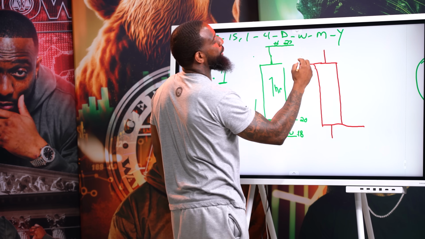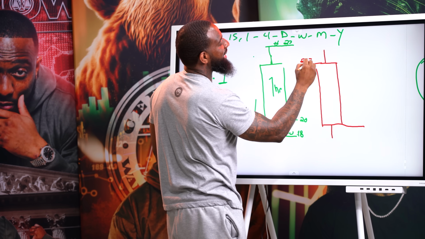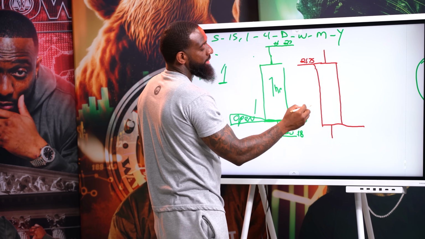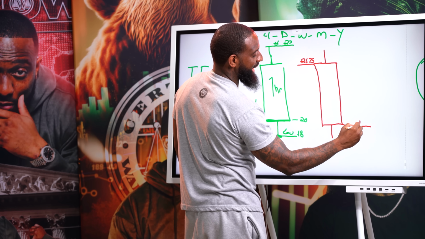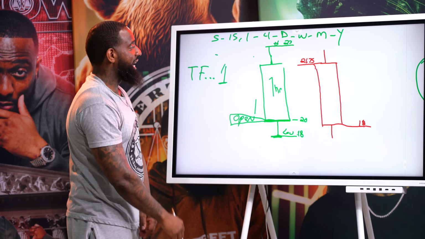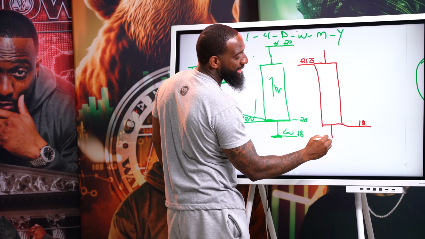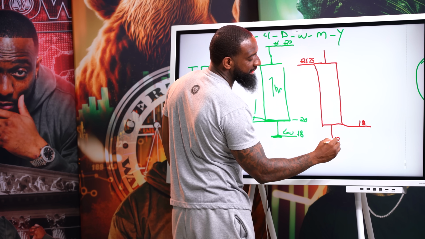So let's say this candle opened, now watch this, at 21.75. But during this second hour, it closed at $18. Now watch this. At some point, the sellers pushed it all the way down to, we'll say, $17.10.